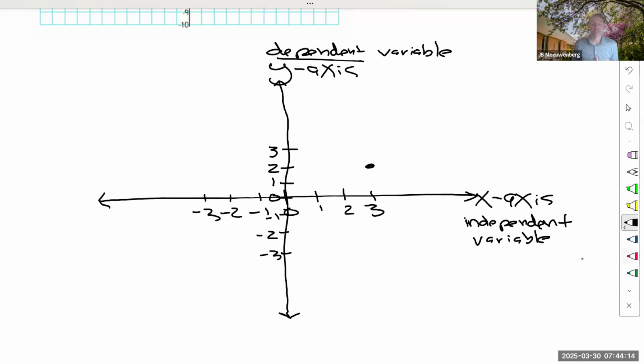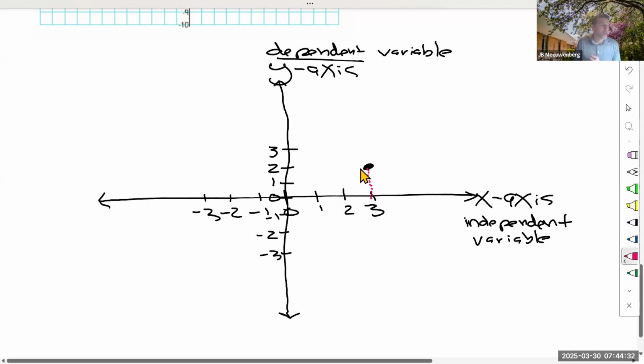But just note that the x is independent and the y is dependent. Now, we also need to speak a common language. And so this point that I put out there in space, right there, we have to be able to identify that using a common language. And so what we do is we take that point and we follow it straight down to the x-axis, and we follow it straight over to the y-axis, and we say, where does that point line up?